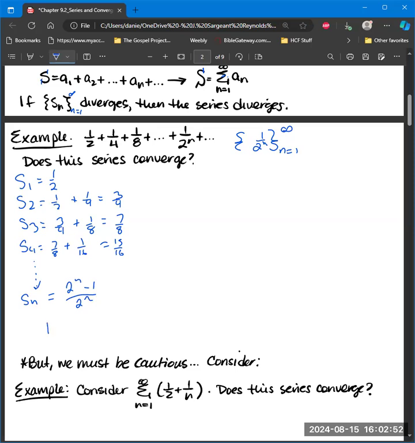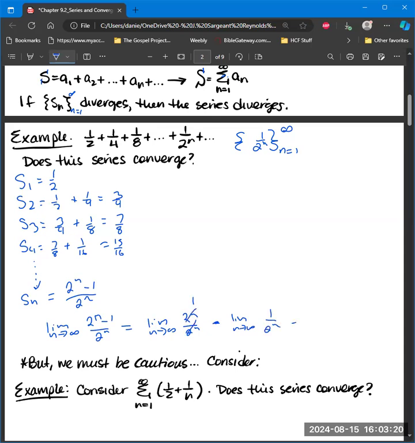So the limit as n goes to infinity of (2 to the n minus 1) over 2 to the n is going to be the limit as n goes to infinity of 2 to the n over 2 to the n, minus the limit as n goes to infinity of 1 over 2 to the n.